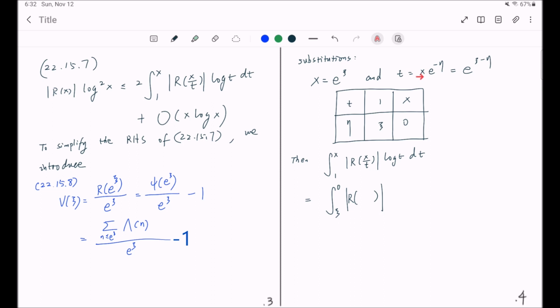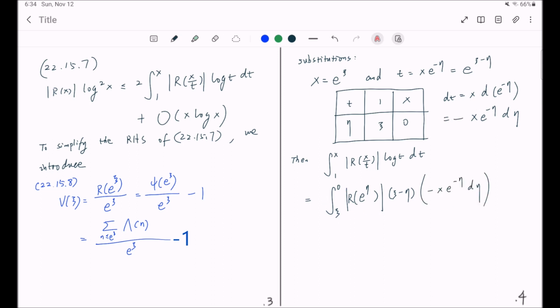From here, x divided by t will be e to the positive eta. And log of t, if you take the log of both sides, will be psi minus eta. dt will be x times d e to the negative eta, which is x e to the negative eta d eta, but there's a negative sign in the front.